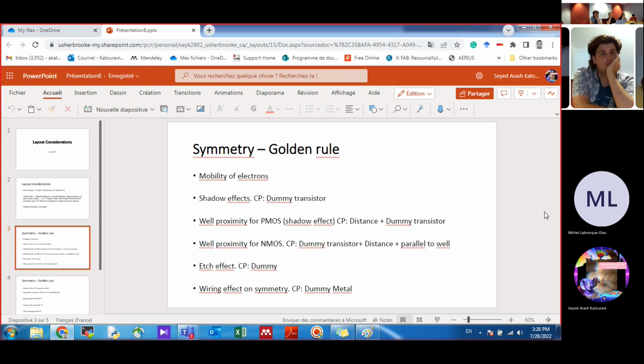This is one thing not related to high frequency or low frequency. We already have this problem in the project that we are working on in 28 nanometer, which is matching.